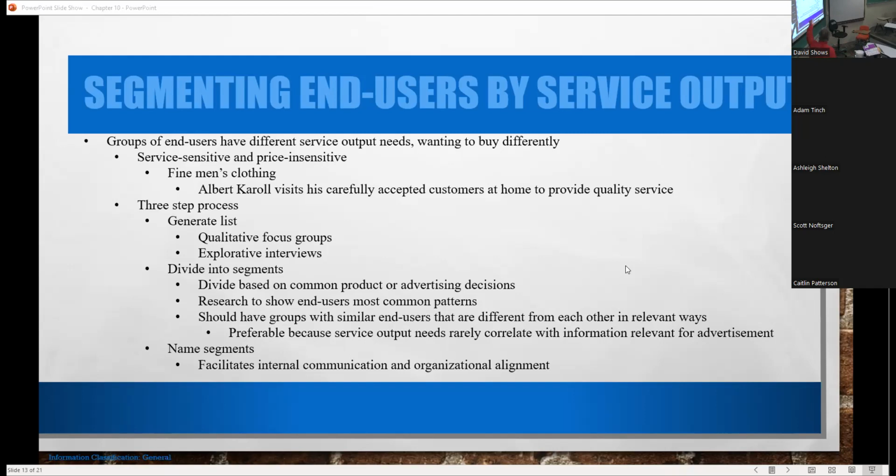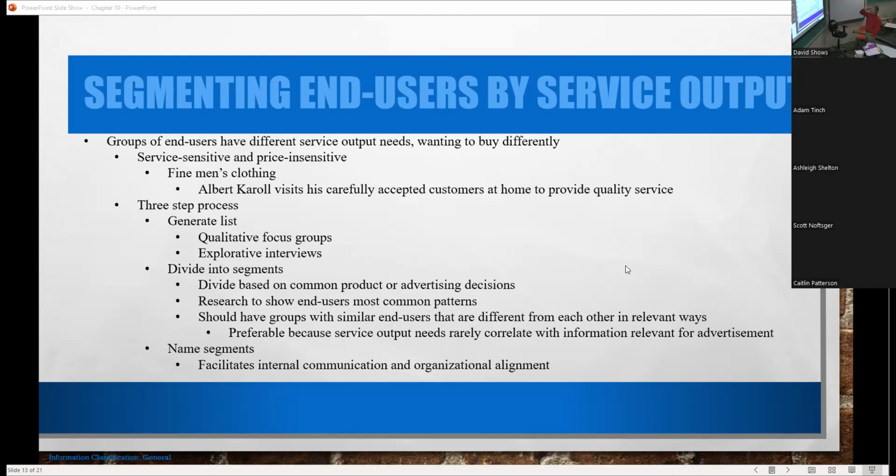Let me also say this, once again, as we've talked about before: price is not part of the market segmentation process in terms of service outputs. There will be individuals that are price sensitive or insensitive, and that may affect the way they do channels, but it is not a service output per se.